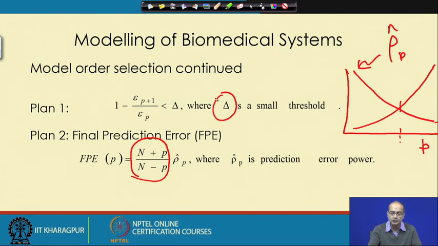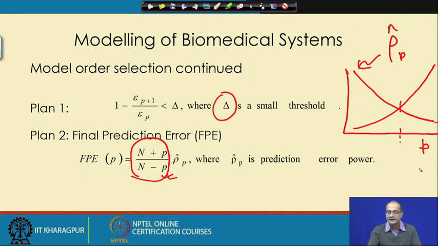So, what we should do is add some penalty for the increase of the model order. For that, we have taken a correction term here, which increases with the model order, so that as p increases, the penalty also increases, and we stop at some point when the two curves cross each other, which restricts overfitting.